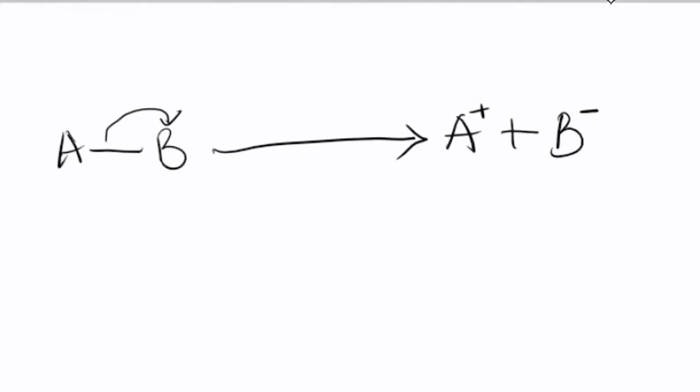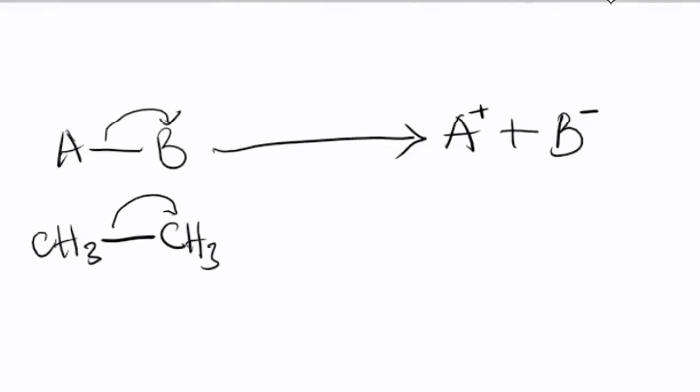So let's still look at the ethane structure we used earlier on. Now, if a heterolytic cleavage should occur, one of these will have to take the whole electron.